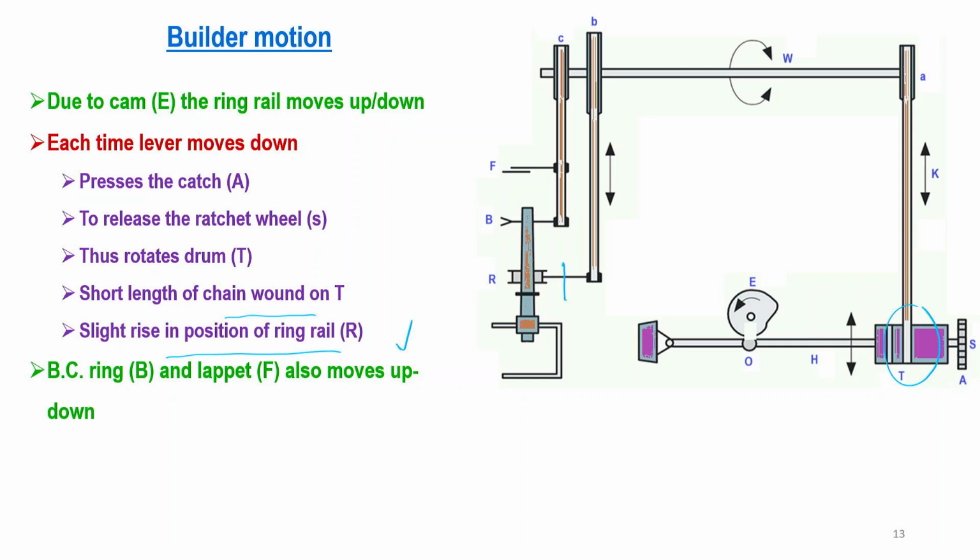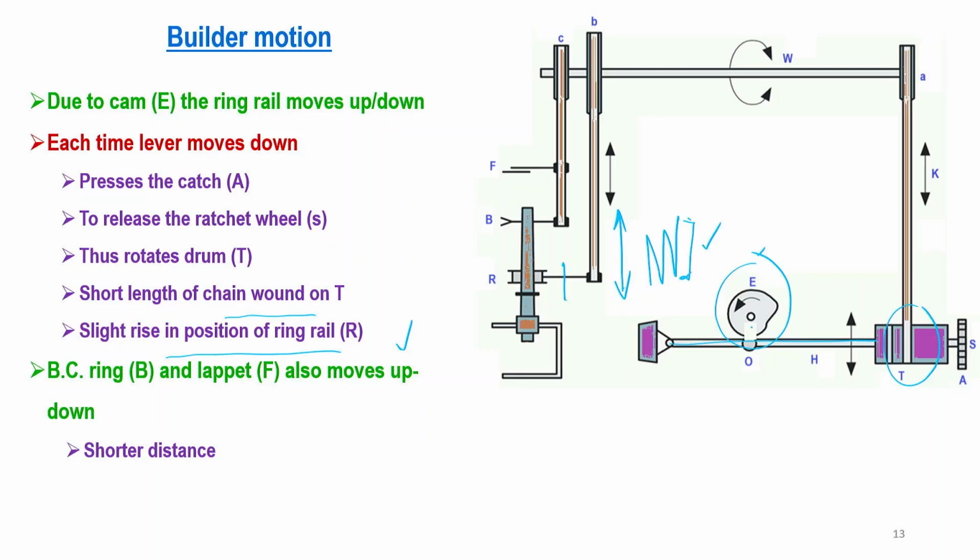Now, here is the total traverse length. This traverse length is controlled by the size of the cam, position of this cam, and length of the lever. So, all these parameters control the traverse length, and the shorter distance.